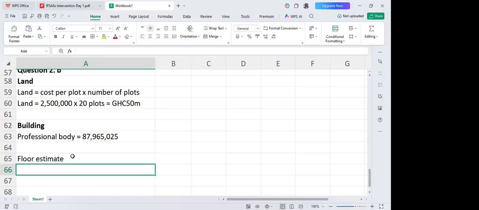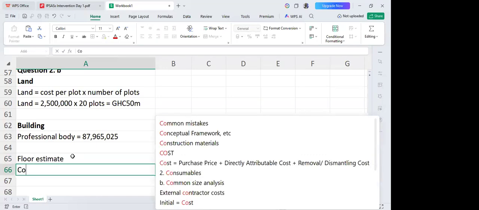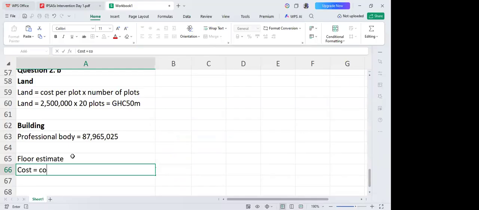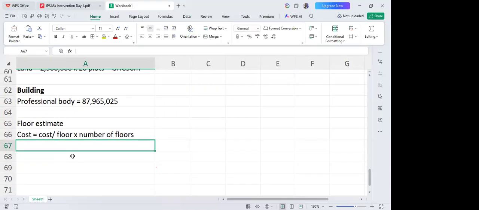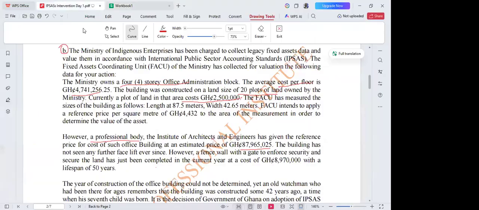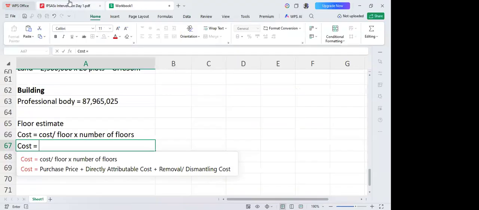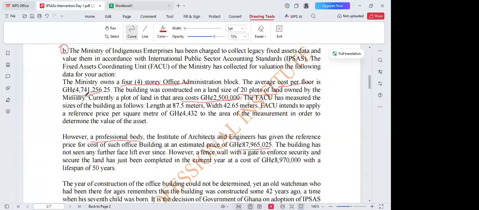The cost here will just be the cost per floor times the number of floors.